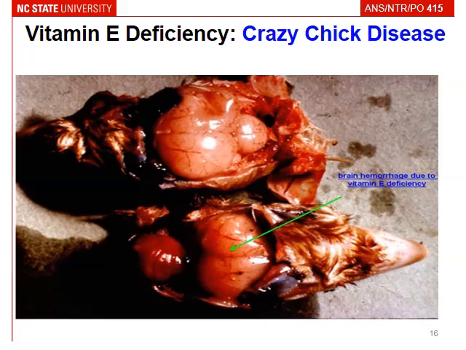And as I mentioned before, it's also referred to as cherry brain because you have this hemorrhage within the brain and the cerebellum. So here you can see the hemorrhage. This bottom bird is the one that was vitamin E deficient, and you can see there's a lot more blood clotting within the brain, and that's because of the deficiency in vitamin E.